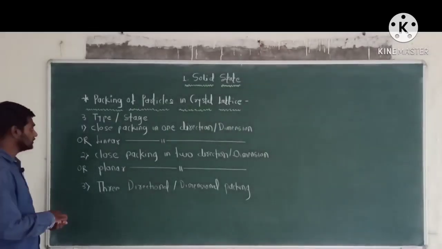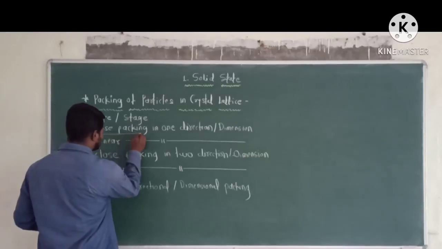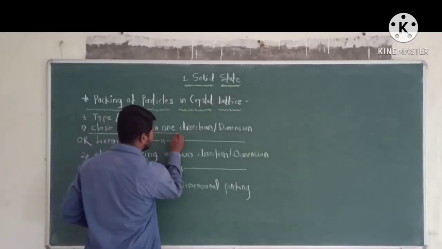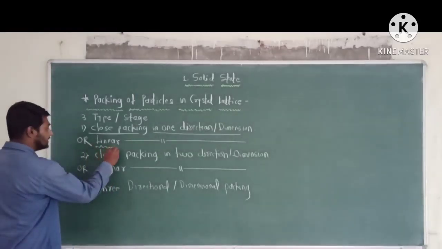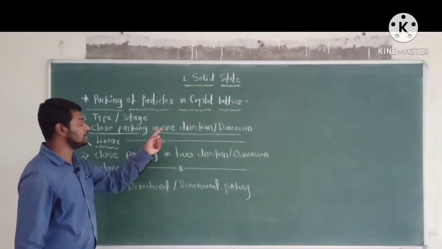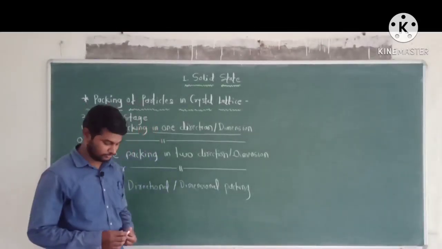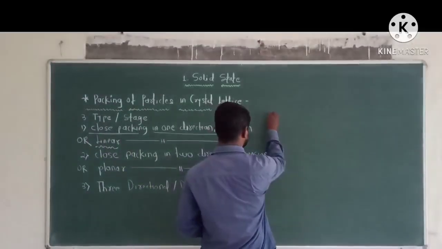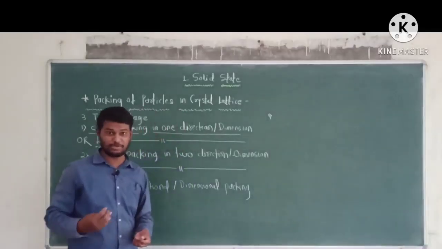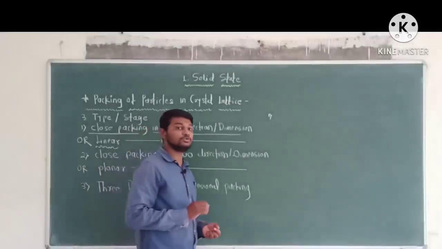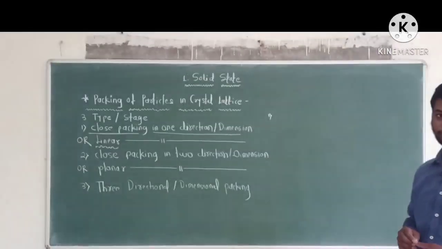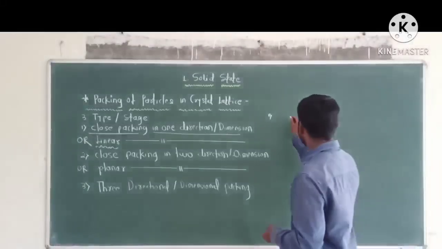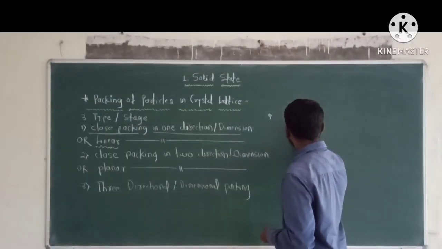The first, close packing in one direction or dimension, which is also called linear packing. Okay. Now first point, this type of packing is made when the constituent particles are arranged in a single row. For example, this is a constituent particle.